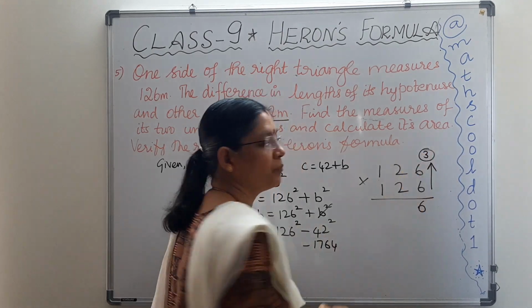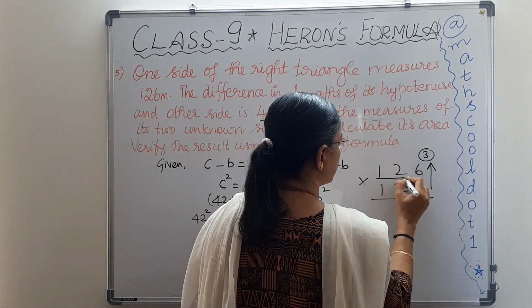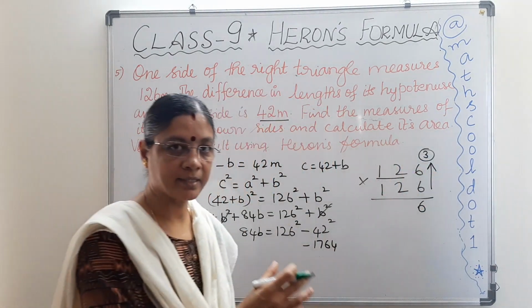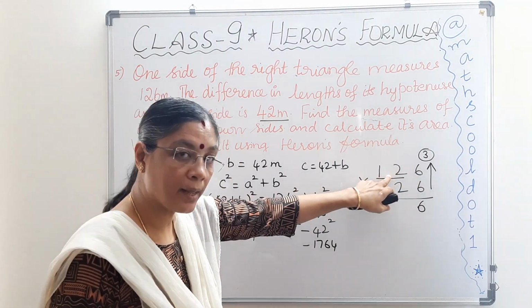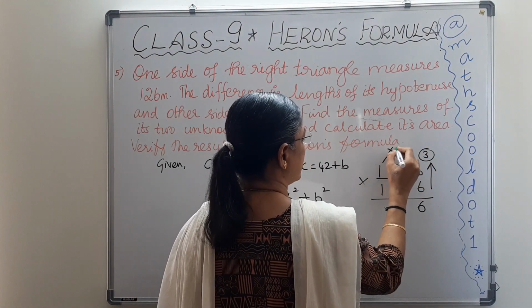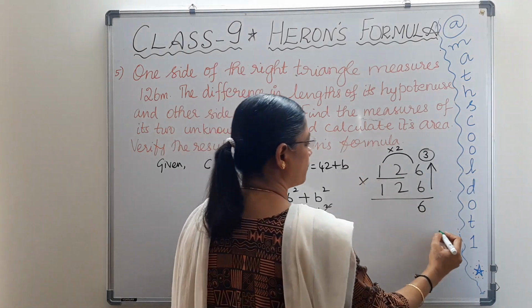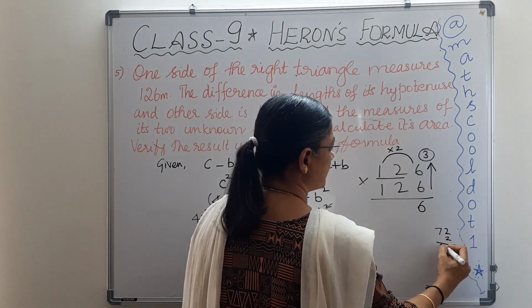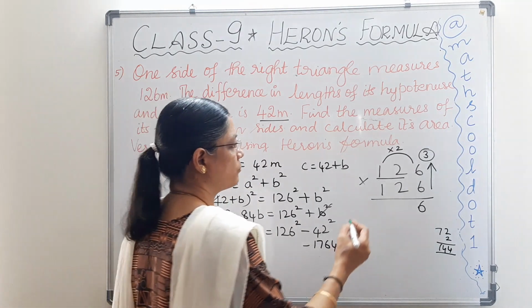Carry 3 here. 3 is carry over. Now since I marked it like this, I have separated 12 and 6, isn't it? So I should multiply 6 into 12 into 2. This is 12 into 6 into 2. 12 6s are 72, and 72 into 2 is 144. Isn't it? 72 into 2 is 144.